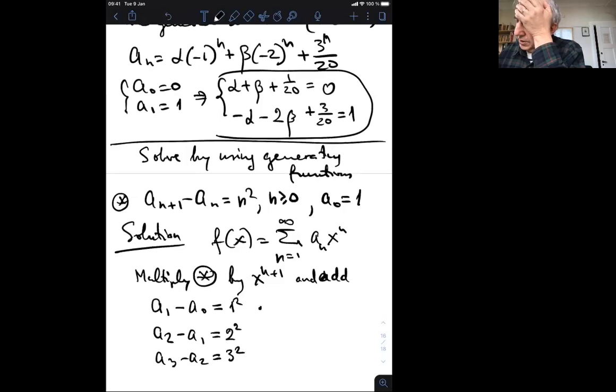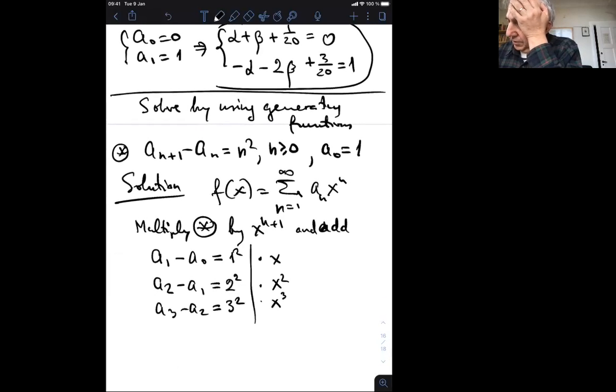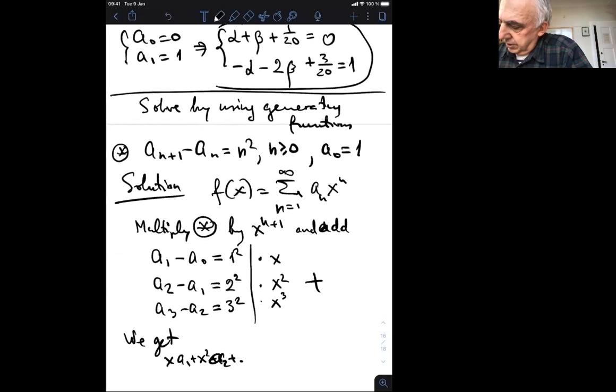So we'll multiply this one by x, this one by x squared, this one by x cubed, and so on. And adding them up, we get in total x a1 plus x squared a2, and so on, which is f of x.